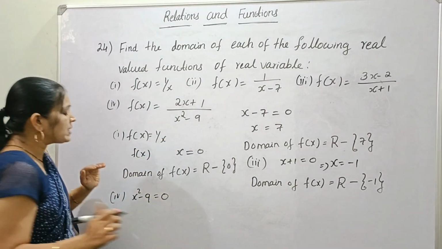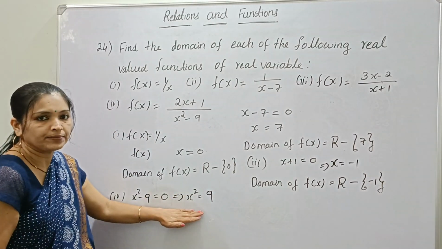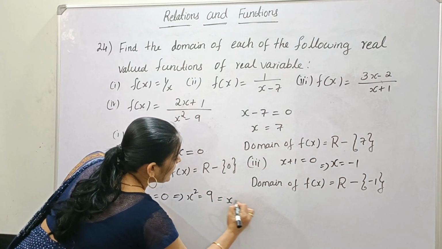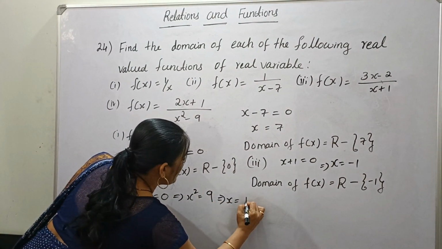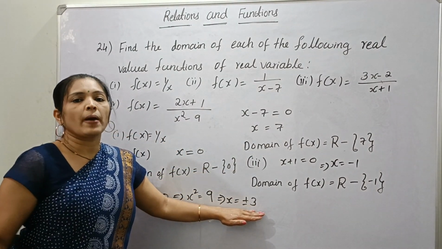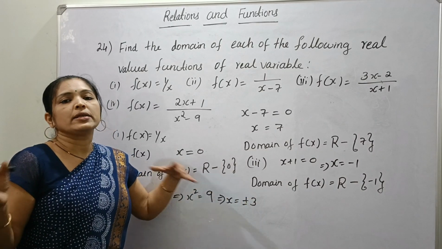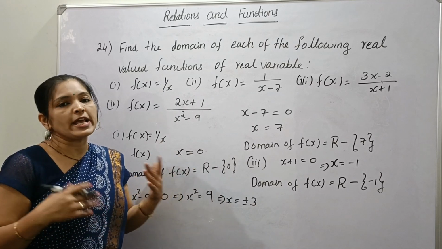So x square minus 9 is equal to 0 implies x square is equal to 9. That implies x is equal to plus or minus 3. So except these values, plus 3 and minus 3, the function is defined.